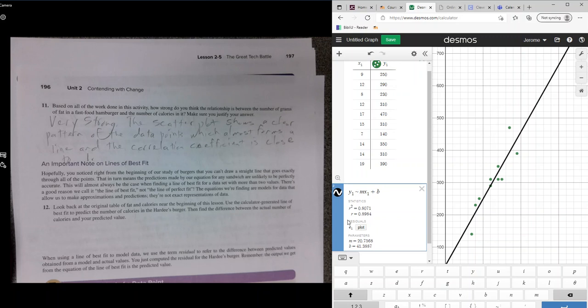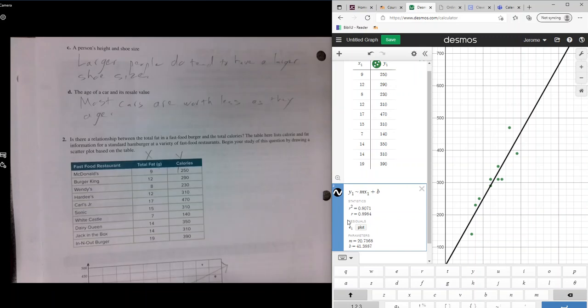Now, number 12, look back at the original table of fat and calories near the beginning of this lesson. Use the calculator generated line of best fit to predict the number of calories in the Hardee's burger. Then find the difference between the actual number of calories and the predicted value. Okay, so we go back here. The Hardee's burger, this is on page 190, has 12 grams of fat and it's 310 calories.